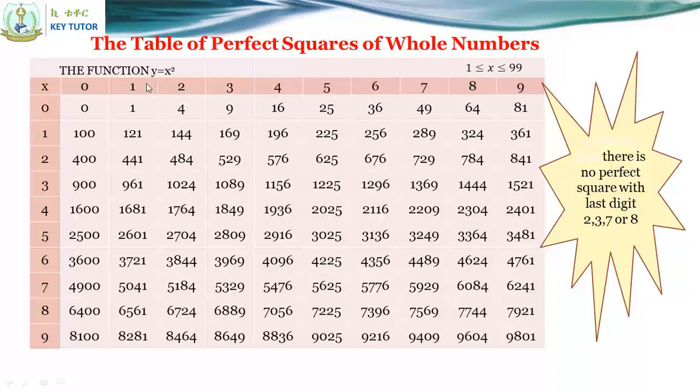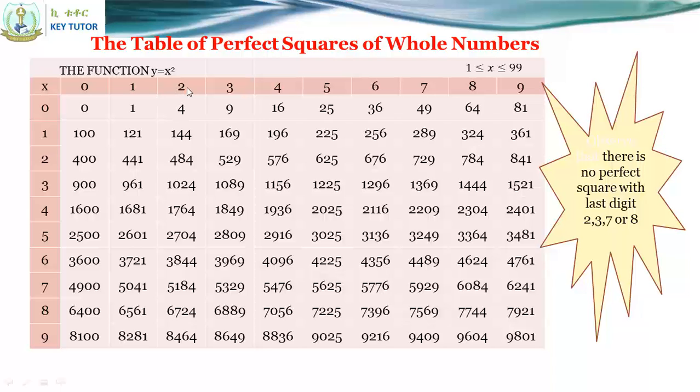The perfect squares in the column of 1 have a last digit 1. Do you have another column that has got last digit 1 perfect squares? Yes, 9. 9 is another column that has perfect squares with a last digit 1. So the perfect squares in column 1 and 9 end up in digit 1, or their units digit is 1.